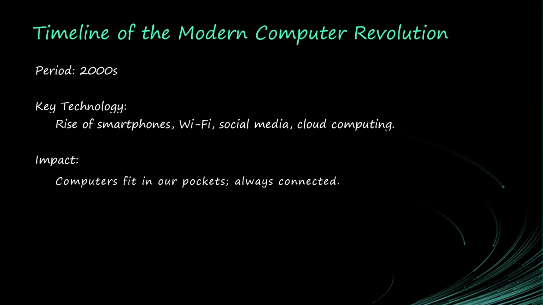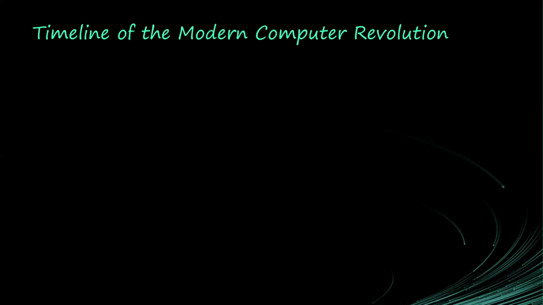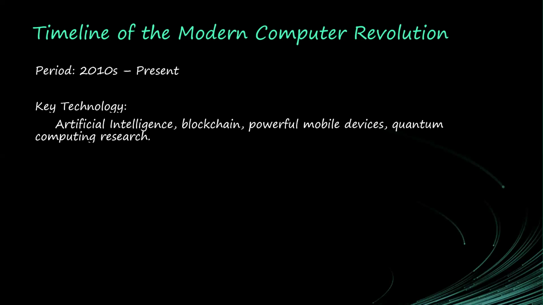The impact was that computers fit in our pockets, always connected. You can have your smartphone in your pocket and it's always connected to the internet, connected to other computers in the world. Now from 2010 to present, the key technology is artificial intelligence.